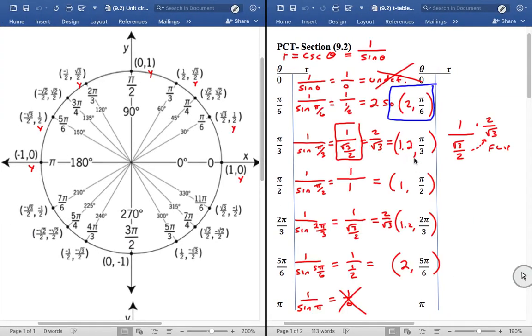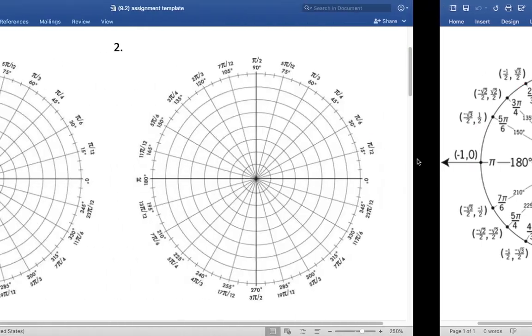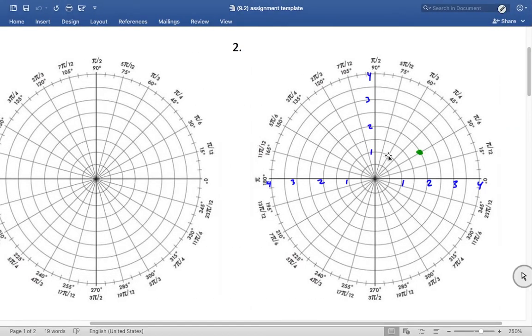How about 1.2 comma pi over 3? Here's the pi over 3 line, and I got to go 1 point, okay, eyeball it. About there. 1.3.